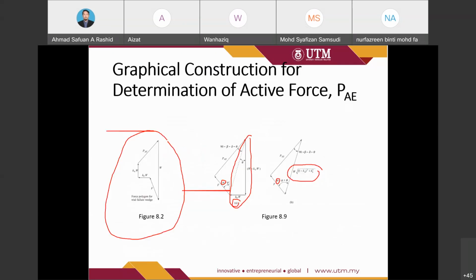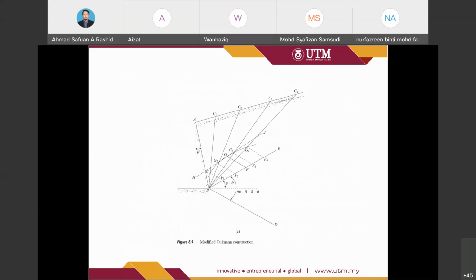Now we look at this graphical approach. There are several steps that we may use to determine the PAE value. Basically, this is the same procedure as Kuhlmann's; however, it has been improvised by Capilla.